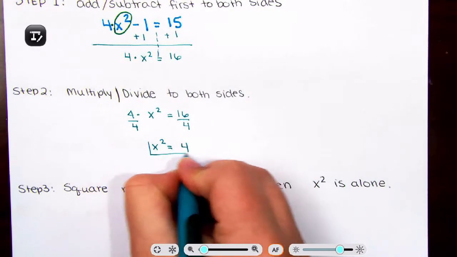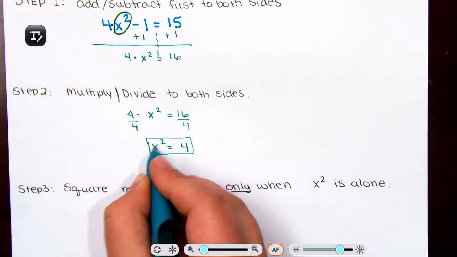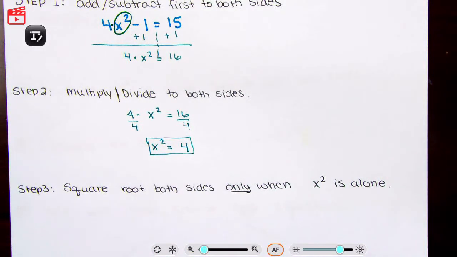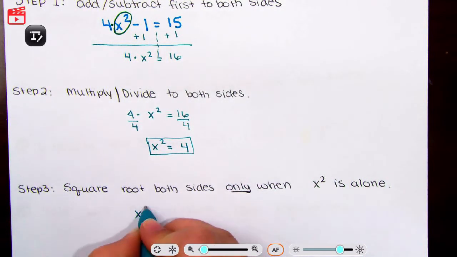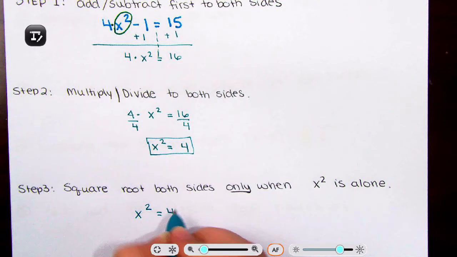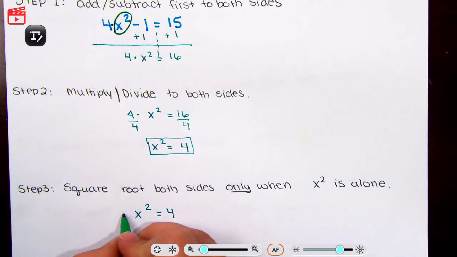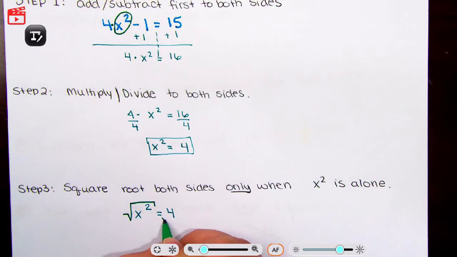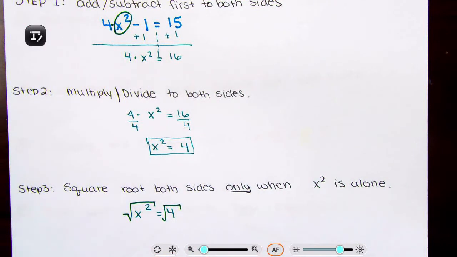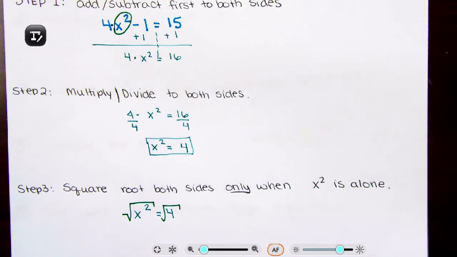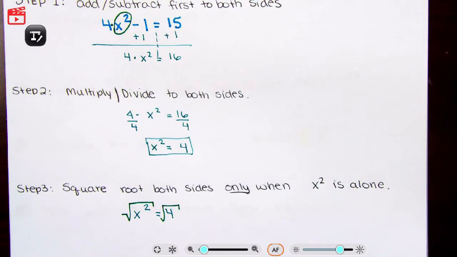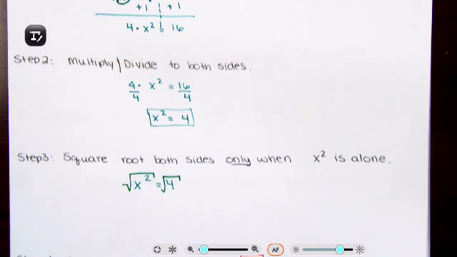When you have the x squared by itself, that's our objective, you're then going to take the square root of both sides. And the square root looks like this. So everything on each side gets square rooted. The square root is the opposite of a square.